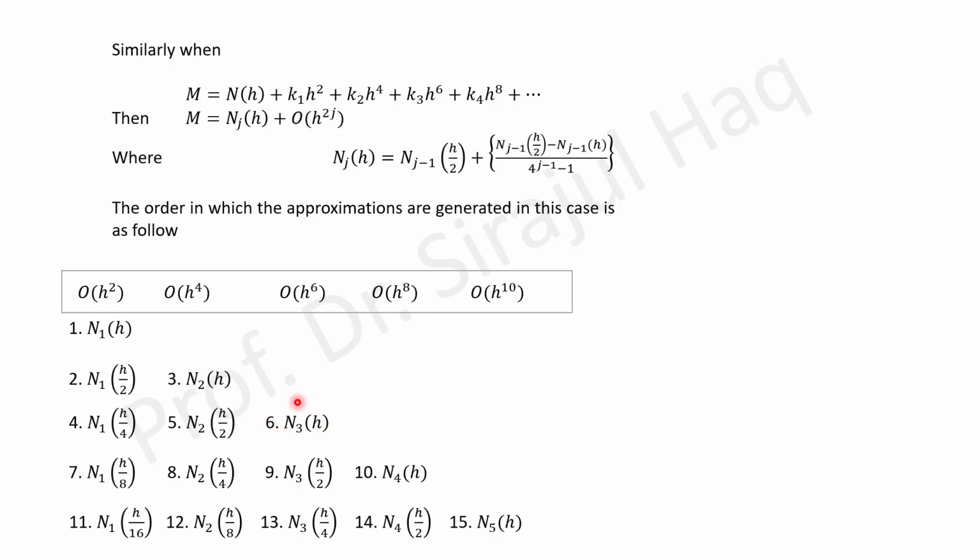N3 of h, if you are using the previous formula, will give you error of order h raised to the power 3. But if you are using this formula, then this will give you error of order h raised to the power 6, and so on. So this was all about how Richardson adopted the procedure to approximate the value of an unknown.